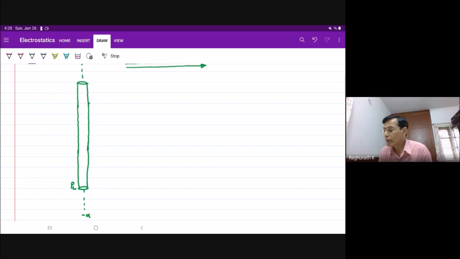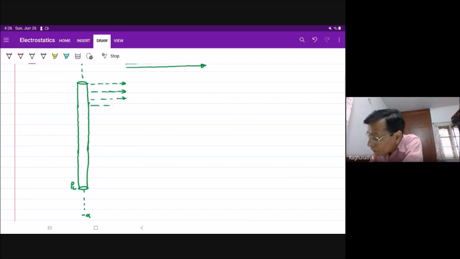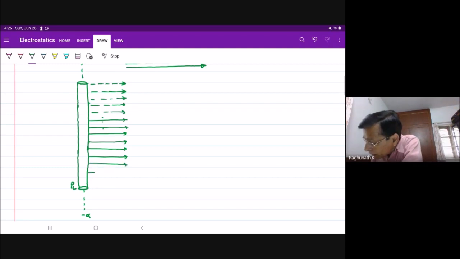Now, this will send the flux lines out. Correct? Let me draw anyway, no problem. The front view of it is this. Please concentrate. I just consider some length L of the charge.